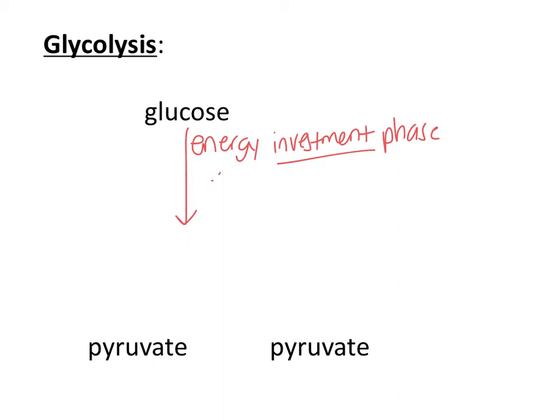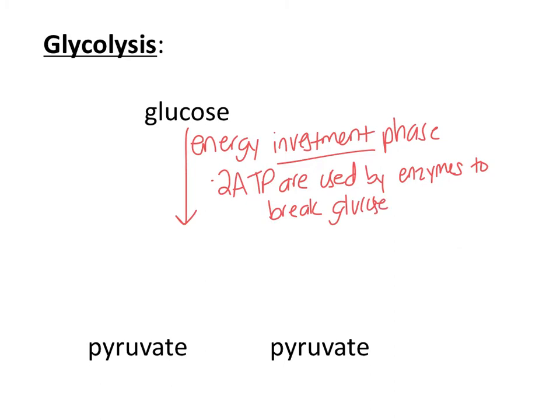So during that investment stage, 2 ATP are used. They're used by enzymes to break that molecule in half. Then, continuing, more enzymes latch on to that glucose molecule, which is now broken in half.